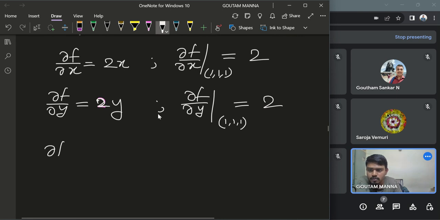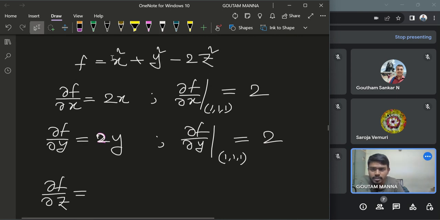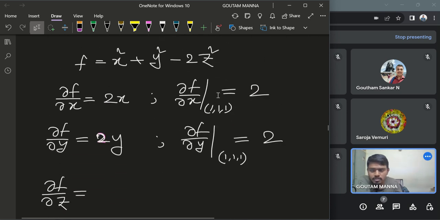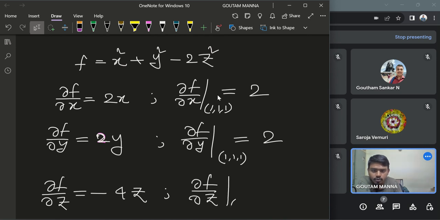And del f del z, we take x and y as constant, so the derivative of only this minus 2z square is minus 4z. So del f del z at point (1, 1, 1) will be minus 4.